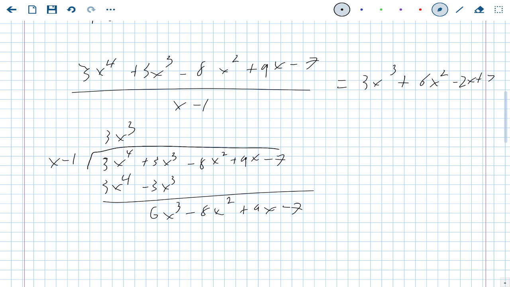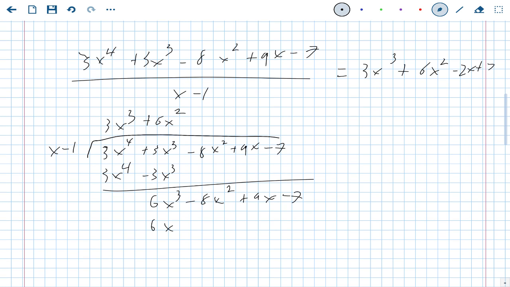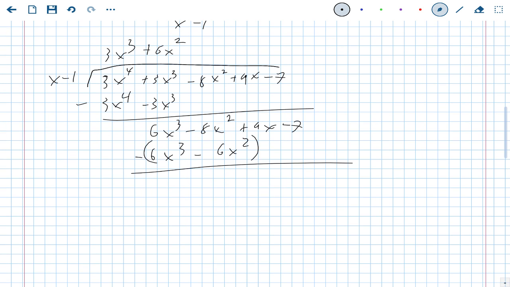Then if we multiply this again by 6x squared, we get minus 6x squared, x cubed minus 6x squared, so this is a minus on this whole thing. Then again, just like normal long division, this gets us to 0, and then we move on to minus 2x squared plus 9x minus 7.